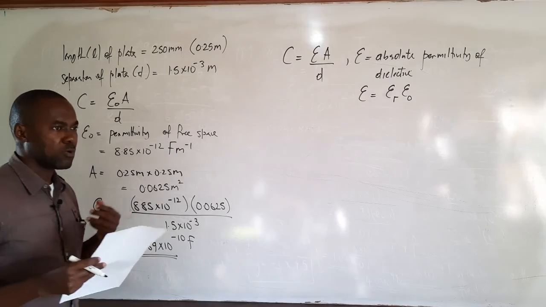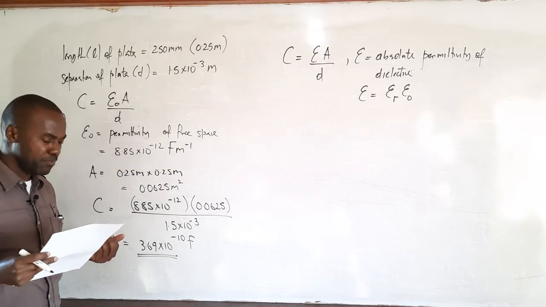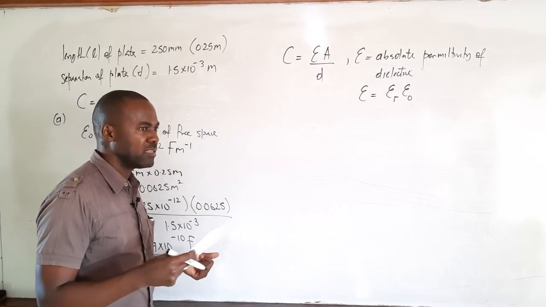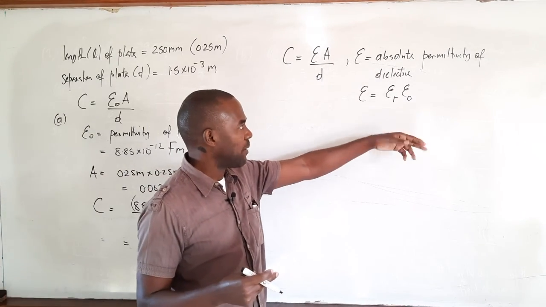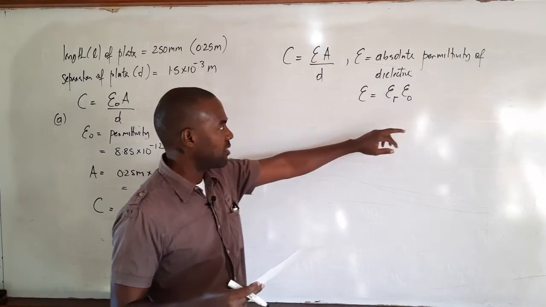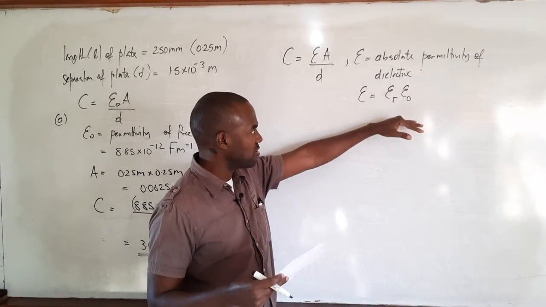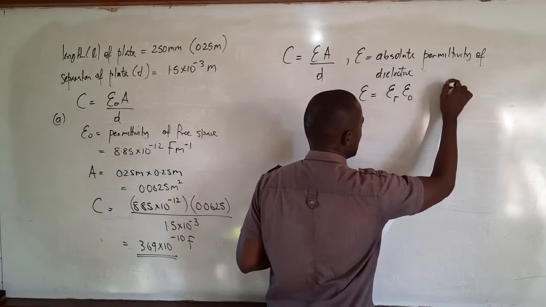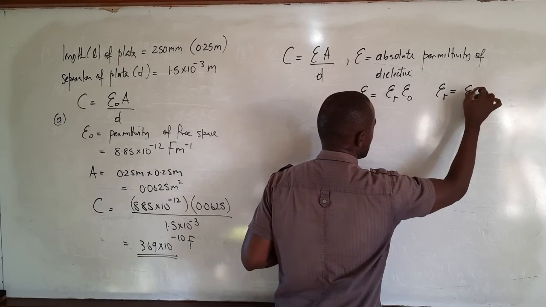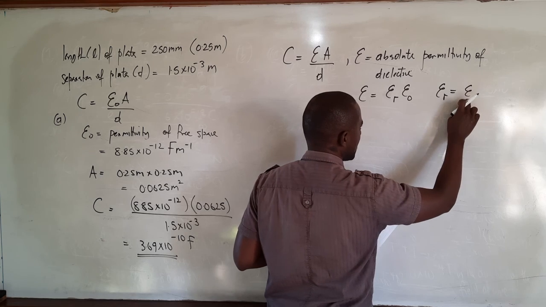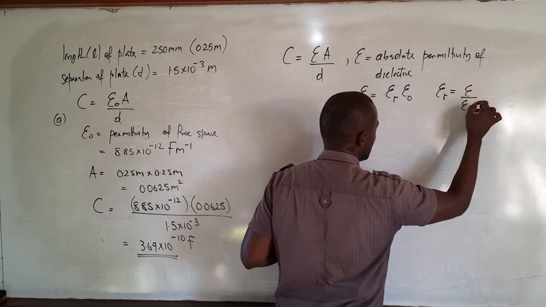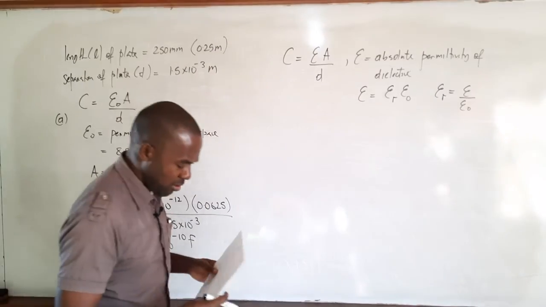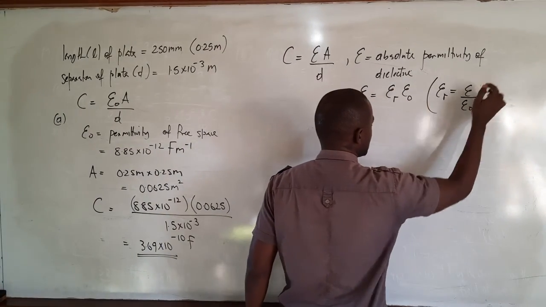So in this particular question, we're given the relative permittivity of the dielectric material, and the relationship between the relative permittivity epsilon R, the absolute permittivity epsilon, and the permittivity of free space epsilon naught is this equation, right? Which basically stems from the fact that epsilon R is equal to the ratio of the permittivity of the particular dielectric material to the permittivity of air, right?